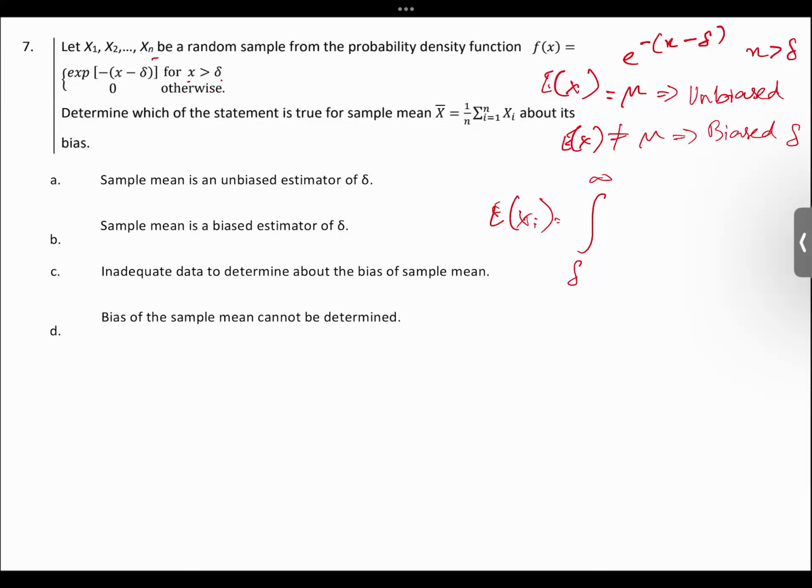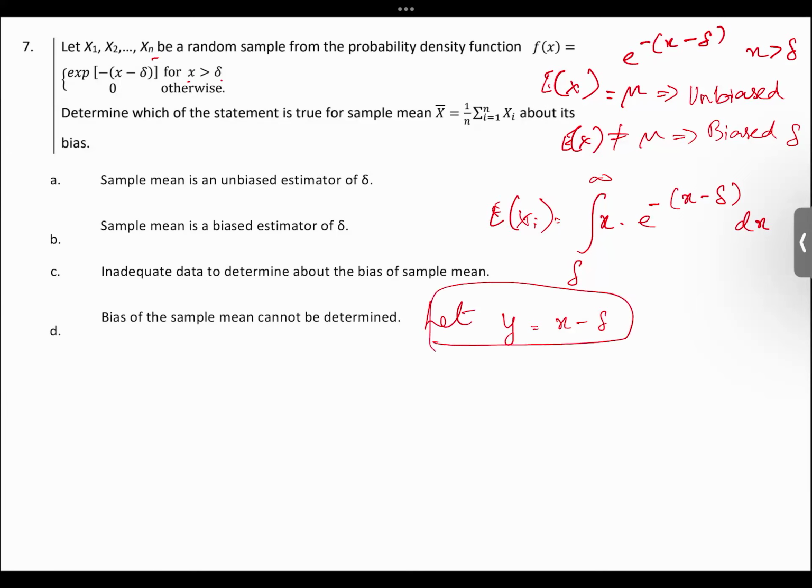You always multiply the random variable x with its probability distribution, which is e power minus (x minus delta) dx. Now, for simplification purposes, let y be equal to x minus delta.